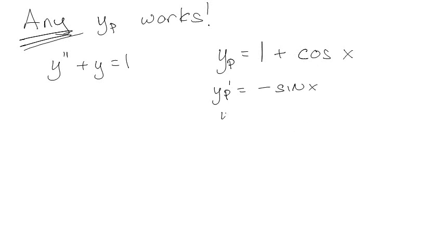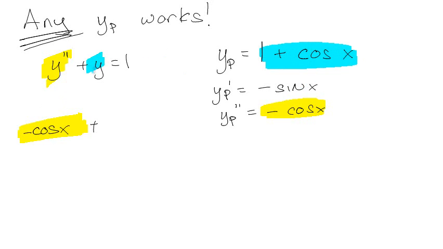And y particular double prime would be minus cosine x. So if I plug in, I'd have minus cosine x plus y, which is this. Does that equal 1? Most definitely it does. Boom, 1 equals 1.